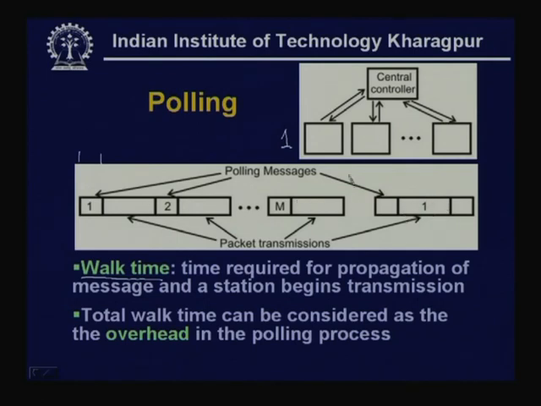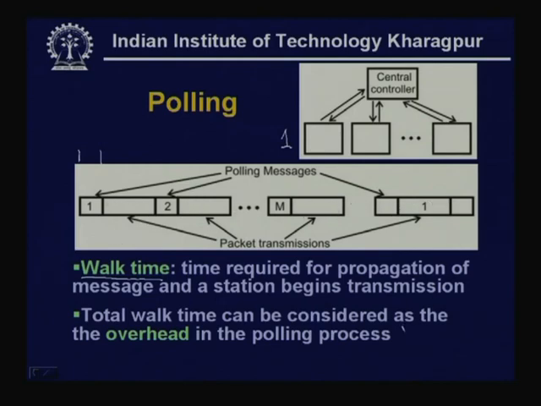So, you can see all the stations will get their turn for sending messages to the central controller, and of course, the central controller can also send data in this manner. And the total walk time can be considered as the overhead in the polling process. That means this time is essentially the overhead for transmission, and you can calculate the throughput based on the total walk time required and the total time spent for sending the messages.